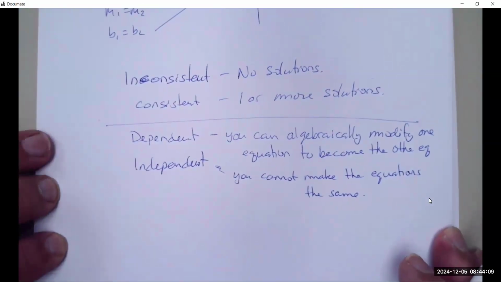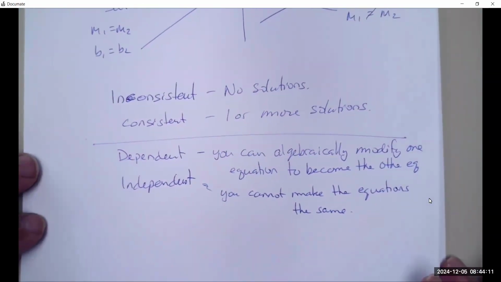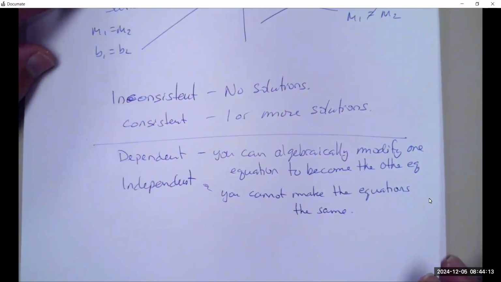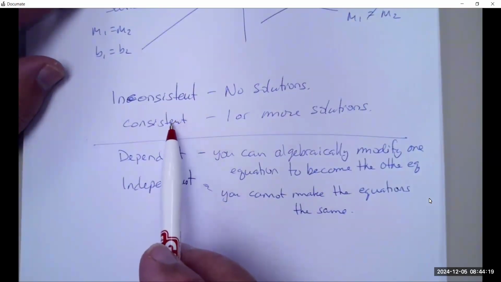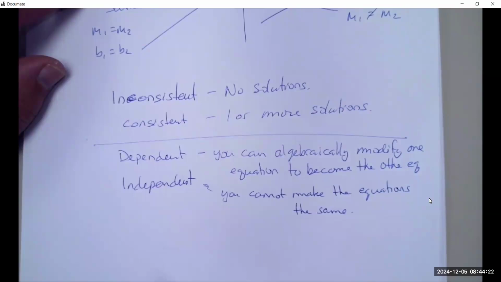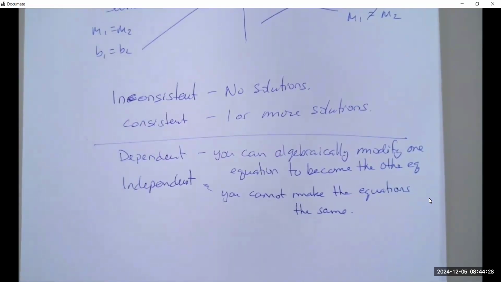So for example, parallel lines, are they consistent or inconsistent? Inconsistent. Dependent or independent? They're independent. The only difference about them is their y-intercepts are different. So because of that, you can't make them one or the other.